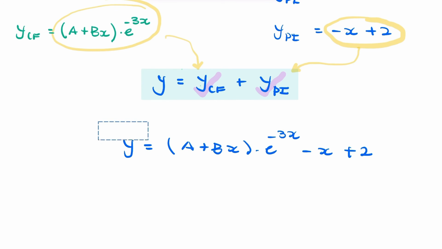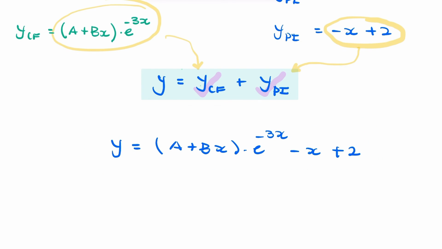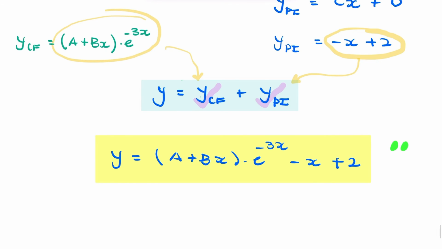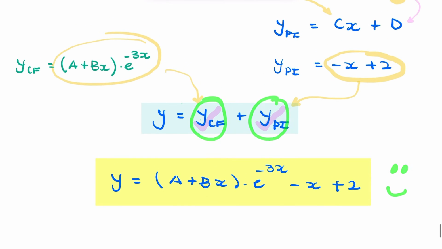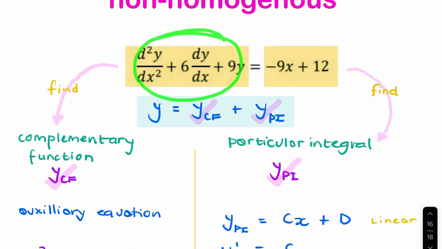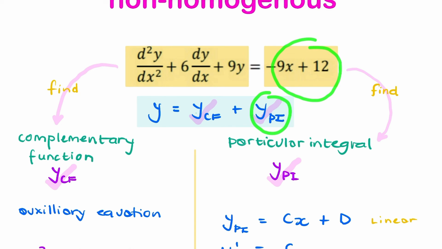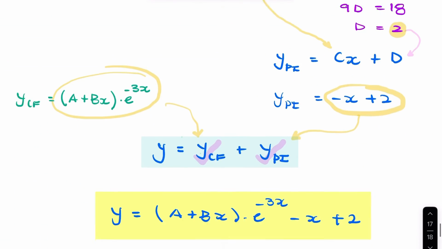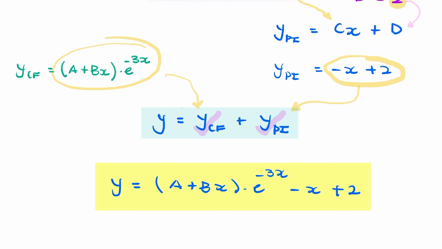Now that is the final answer for the solution for a second-order linear non-homogeneous differential equation. So we found it by finding the complementary function, or the general solution, plus the particular integral. We did these separately. We used the left-hand side to find the complementary function and the right-hand side to find the particular integral. And we added the two solutions together in the end.